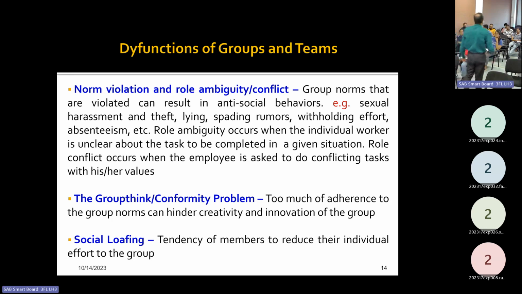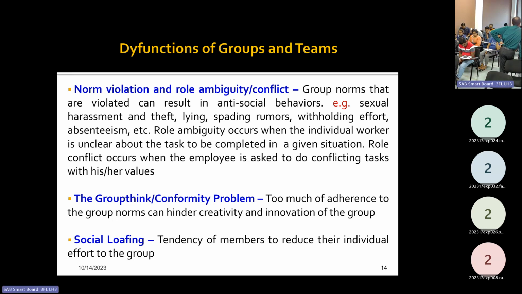In anything, there is a dark side also. It is applicable for groups and teams also. Unless properly managed, in group and teamwork also, these limitations, drawbacks can happen. Right. The first point, there are three limitations actually, though they are presented in one point. You can separate them.